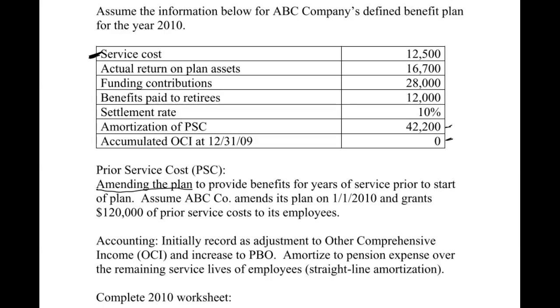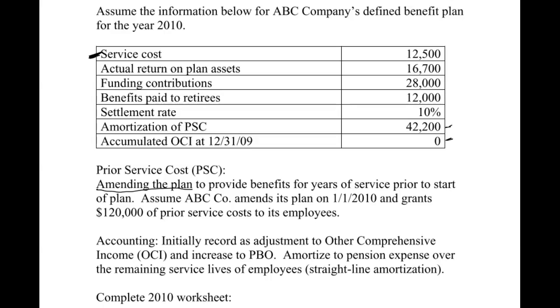Let's say you've all been working for me for 5 years, and we start a benefit plan today. Well, you would want your prior 5 years to be included as part of your service. So I could amend the plan and go back and say, all right, let's recognize those prior 5 years. Those prior 5 years that we're recognizing all at once is what we're dealing with in prior service costs. So prior service costs is separate from service costs.